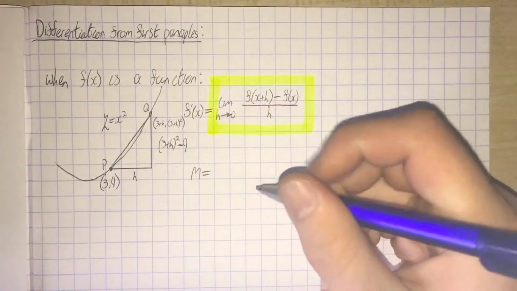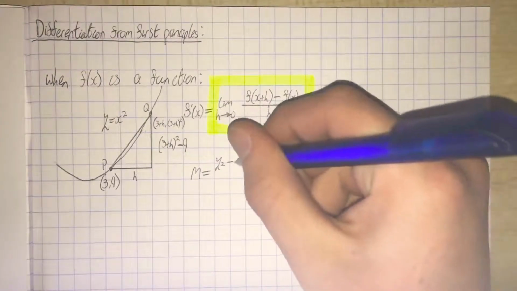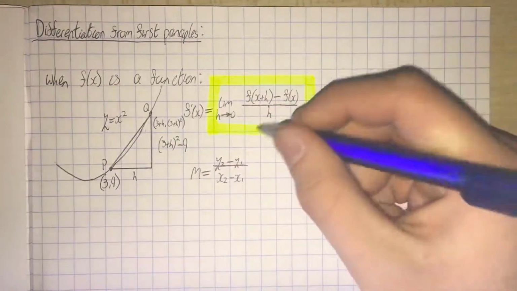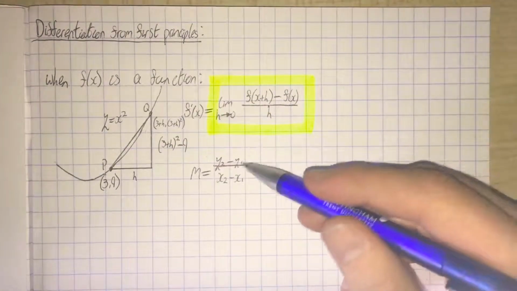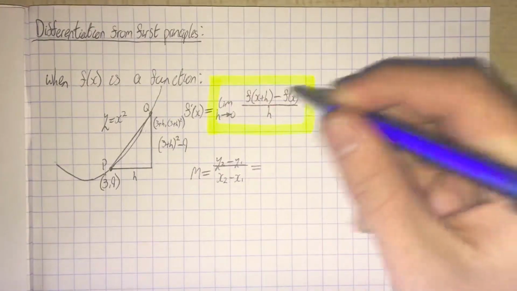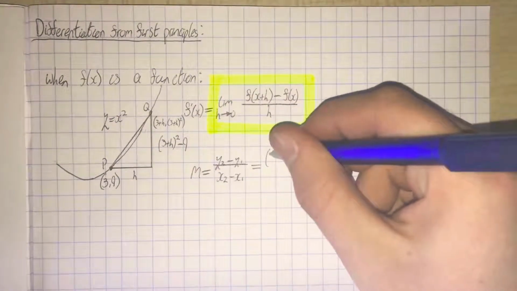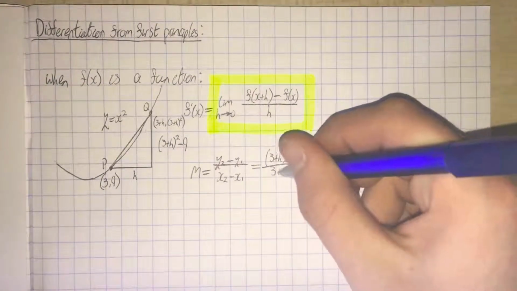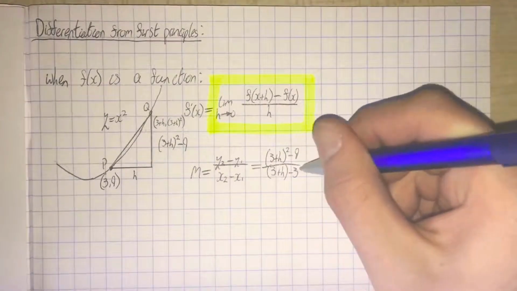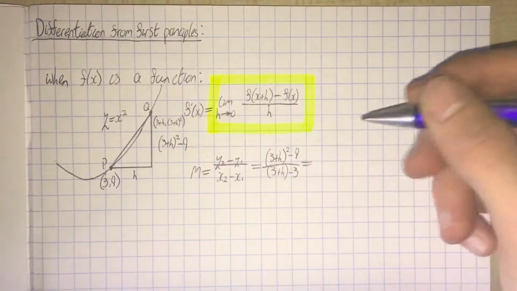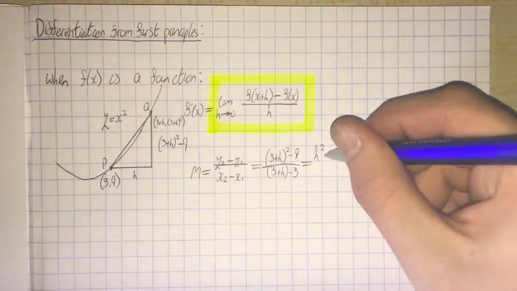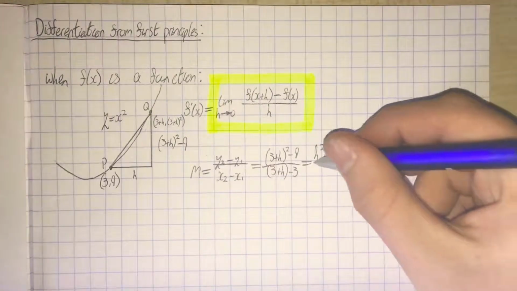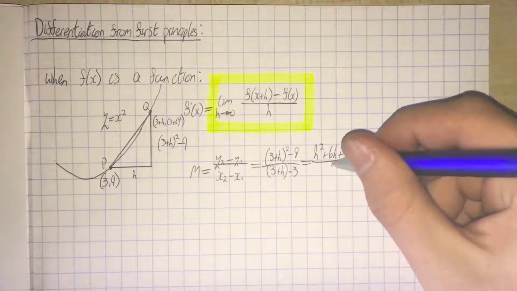If you were to try and find the gradient between these 2 points, well, we'd have m, which is standard notation for gradient, y2 minus y1 over x2 minus x1, which is just change in y over change in x, which in this case will be equal to (3 plus h) squared minus 9 over 3 plus h minus 3, which if we expand out will give us h squared plus 6h plus 9 minus 9, all over h.